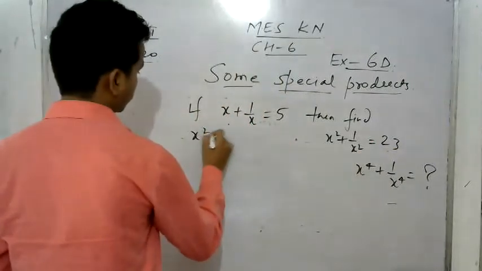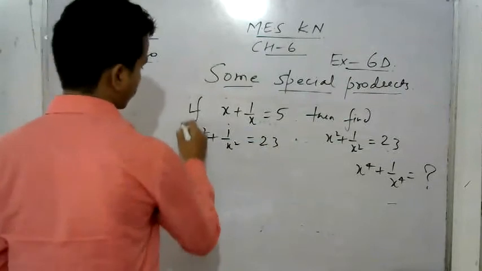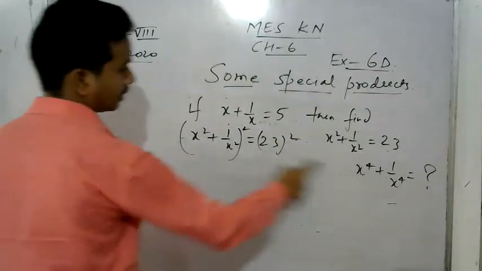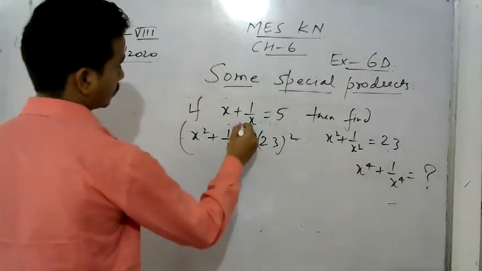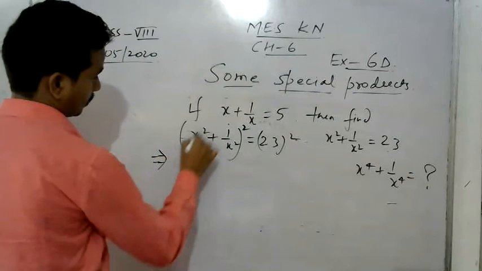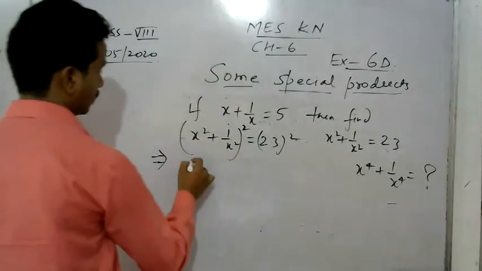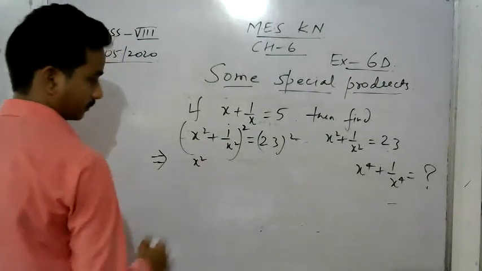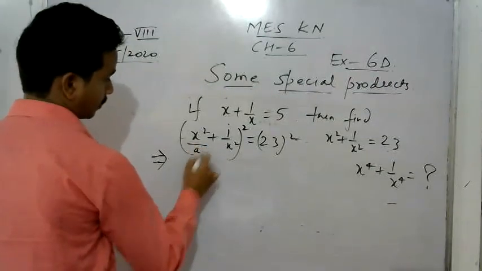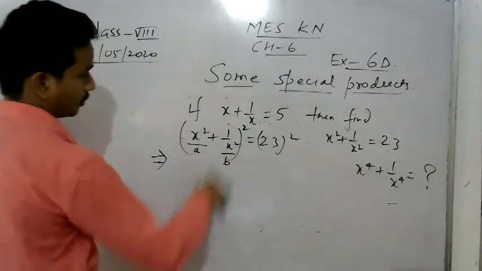Now we know that x square plus 1 by x square is equal to 23. Then again square both sides, because we need the power of 4. Now apply the formula (a plus b) whole square. Here in place of a you have x square and in place of b you have 1 by x square.